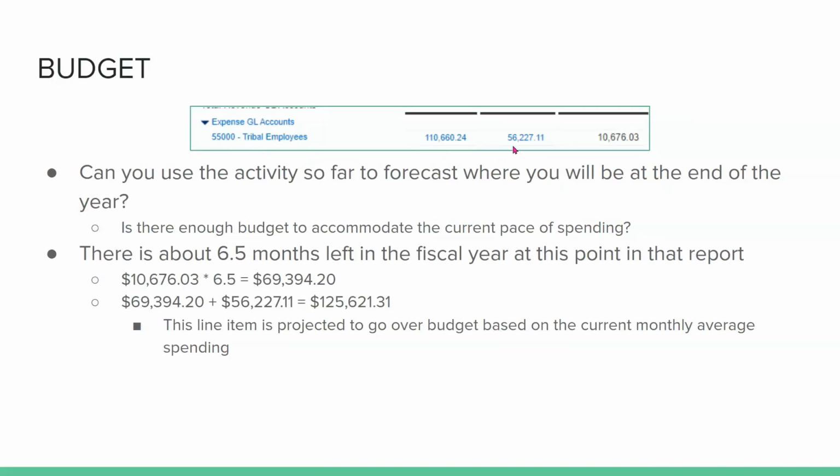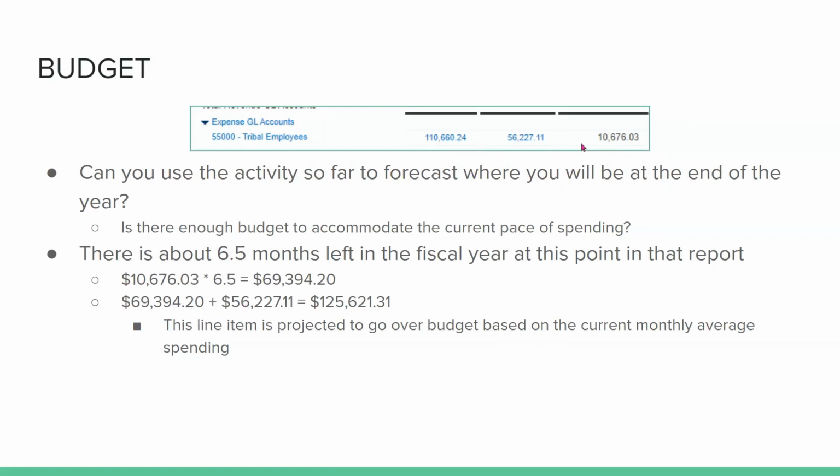And so far that line has been charged $56,000 for an average of $10,600 a month. There's 6.5 months left in this fiscal year. So I took the average amount of spending, $10,676, multiplied it by about the time left, which gives us, there's going to be about $69,000 more in charges placed on this line.